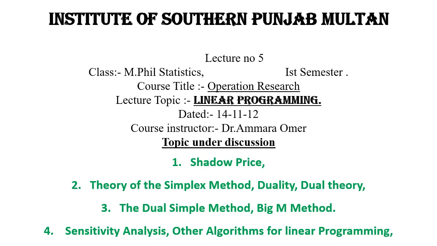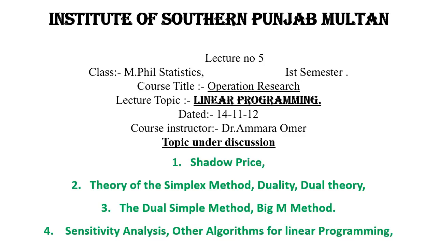So this is the algorithm for finding the feasible or optimal solution, whether for maximization or minimization. In the minimization case, first we convert it into the maximization form, and then we find its solution.